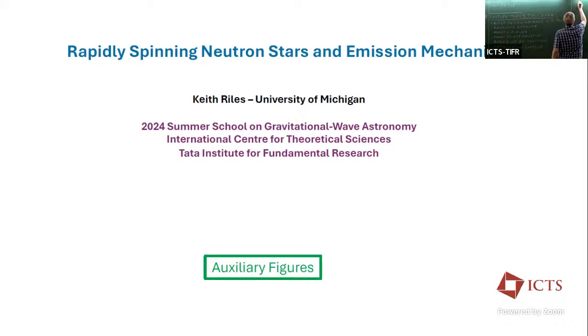And those include mountains. And I should really put mountains in quotation marks for a couple of reasons. One is that the mountains are not very high, even in the best case scenario, and also because they don't really look like mountains. As you'll see, these are more like vast bulges on the surface of the star. It's more likely than well-localized mountains.